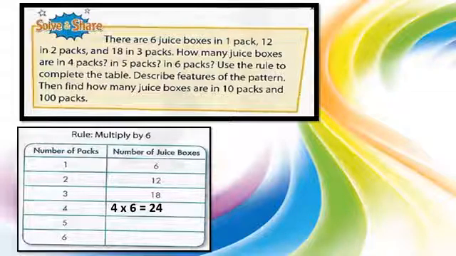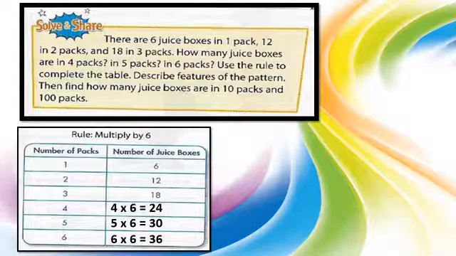So we have here 4 times 6 equals 24. 5 times 6 equals 30. Then 6 times 6 equals 36. So the number of juice boxes are multiples of 6.